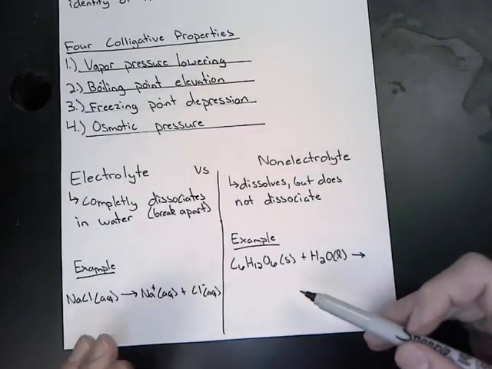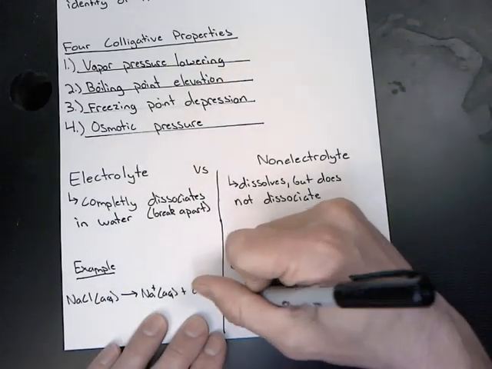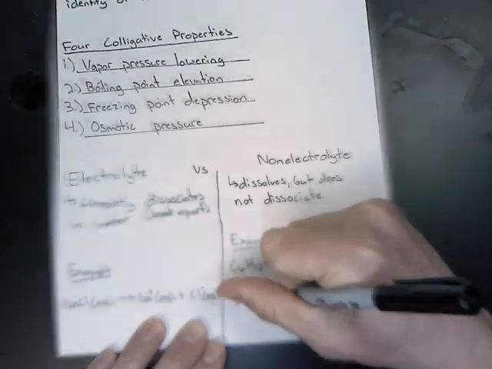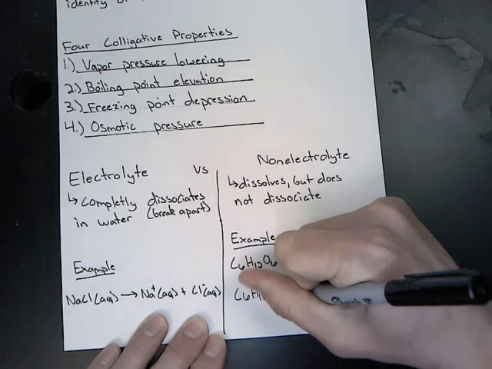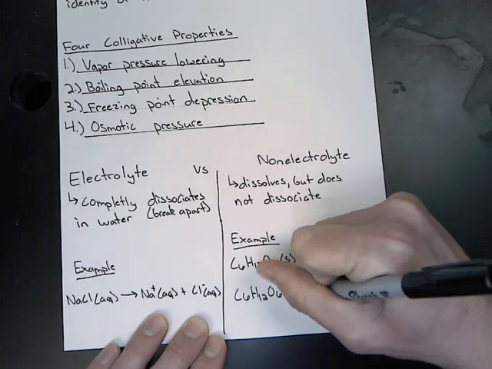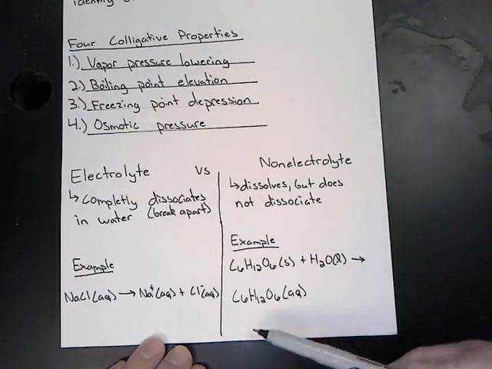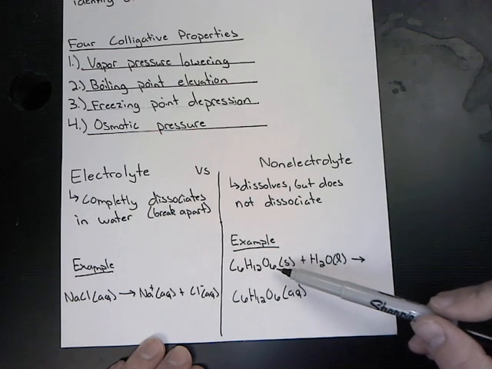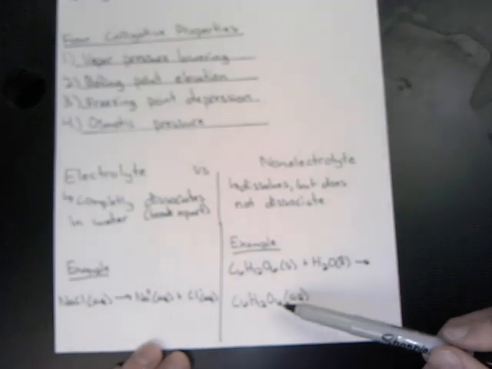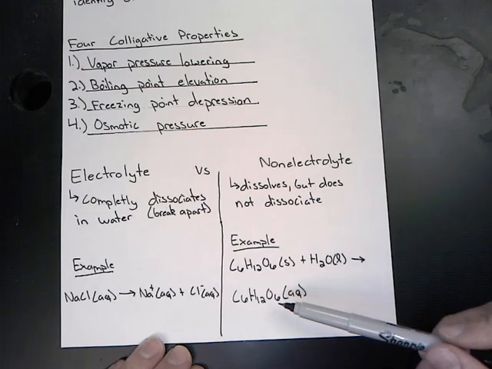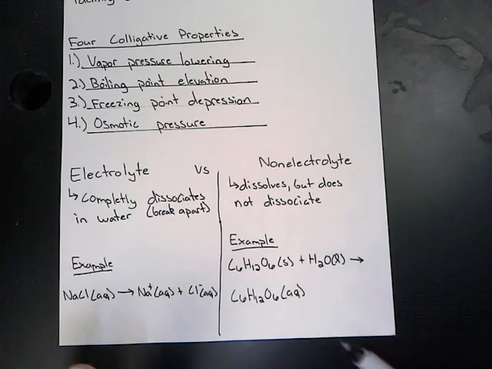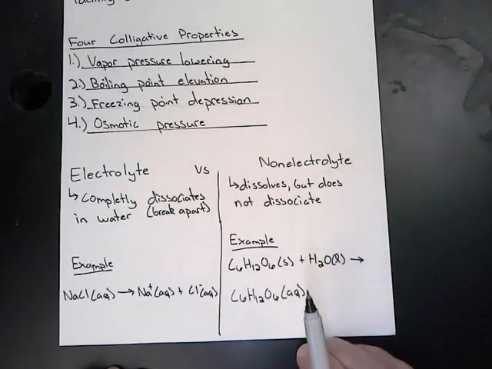Now the sugar does dissolve, but this particular compound of sugar would become an aqueous solution. Now notice how there is no difference in the sugar compound or the sugar formula before and after this process of dissolving occurs. Those are things that you need to keep in mind as we go through this process.